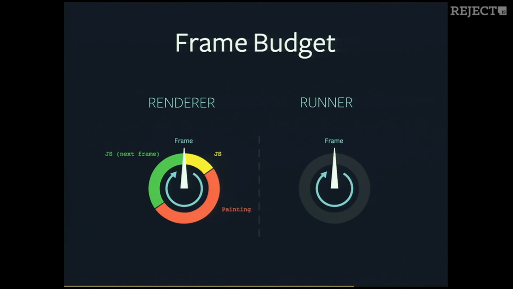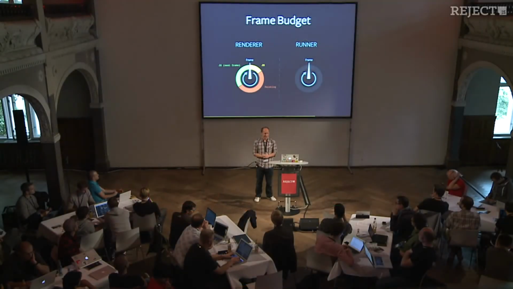Okay, one more reason why we do this. Because if you want to benefit from a WebWorker, for example, we think it could be faster regarding the frame budget. So what is the frame budget? The frame budget is the amount of time you have within your frame. And the frame could be maybe just 60 milliseconds. That's not much.